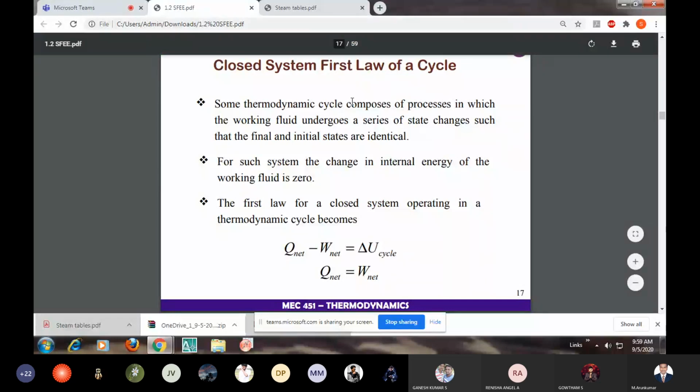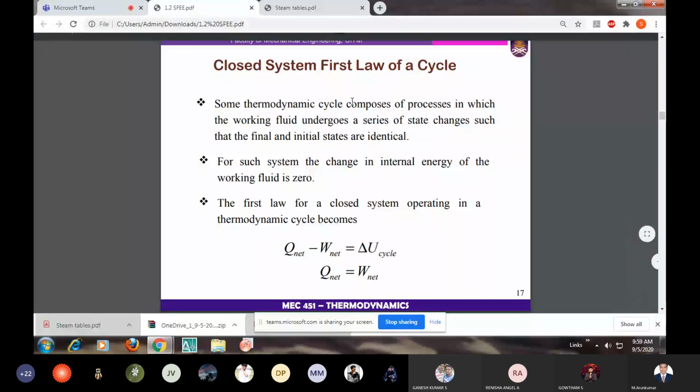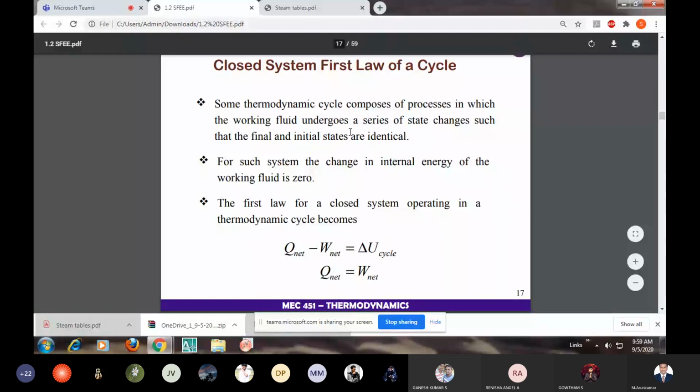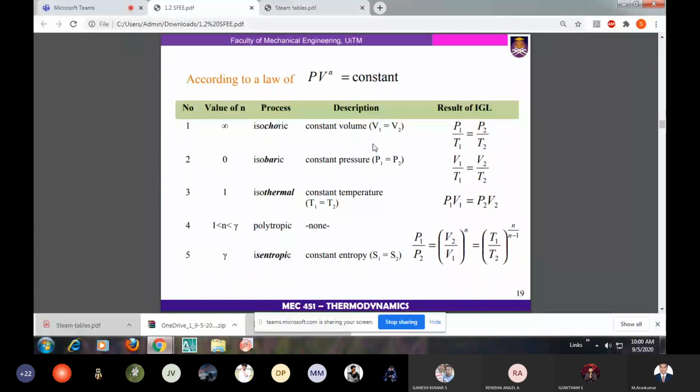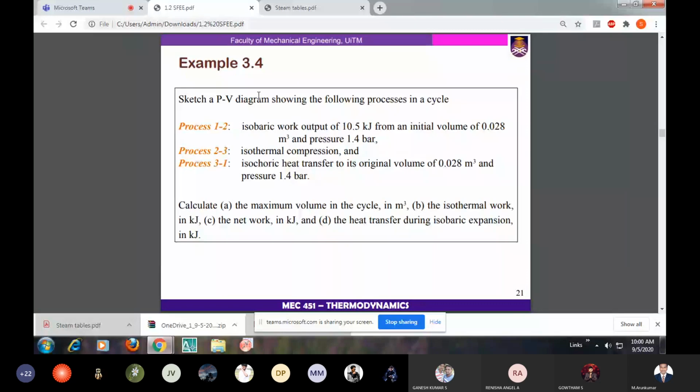If the process is a cyclic process, the initial state and final state will be the same, but there will be 2-3 paths to get a cycle. So this is a cyclic process. There are 3 processes happening. Process 1-2 is an isobaric process.